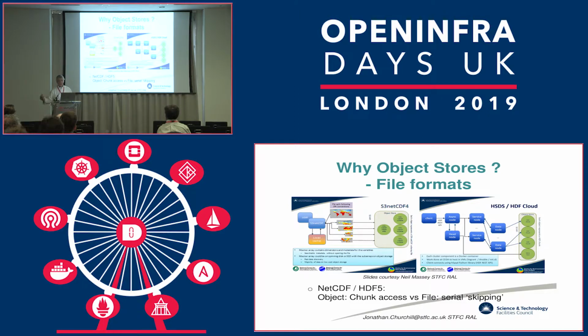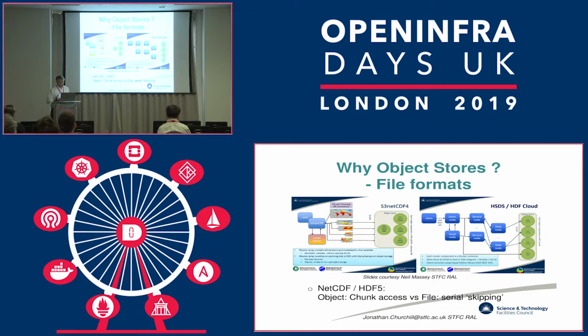You don't have to skip through the file in order to find it. And the HDF group, a commercial organisation, have a slightly different model, but effectively it's doing the same thing: breaking up those huge files. And these files, as we'll see on the next slide, are gigabytes now, but they're projected to get to terabytes. So we want to get rid of this serial skipping and break those up.